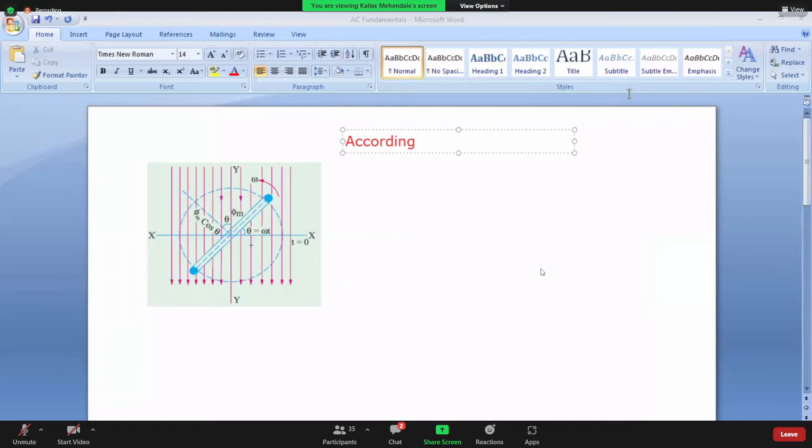What I will do is that I will log out and I will log in. I will make somebody host. When I log in once again, the first person that I see is Dhruv Kakade, 088.